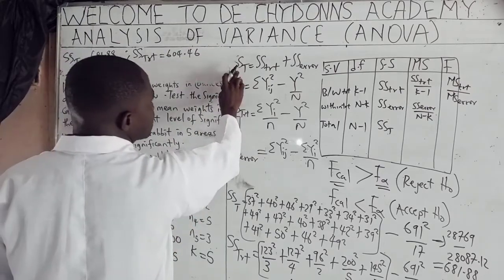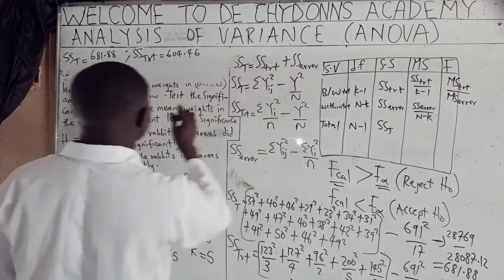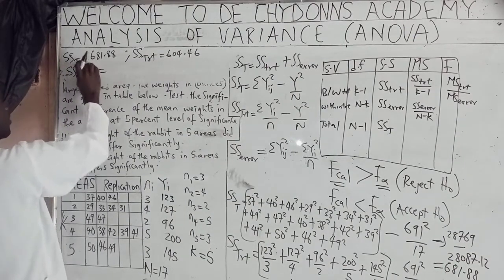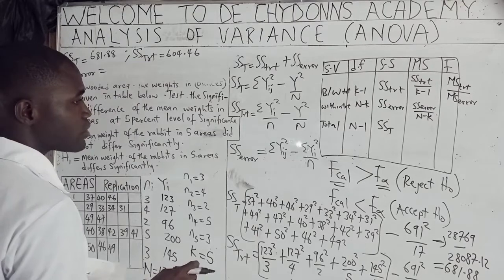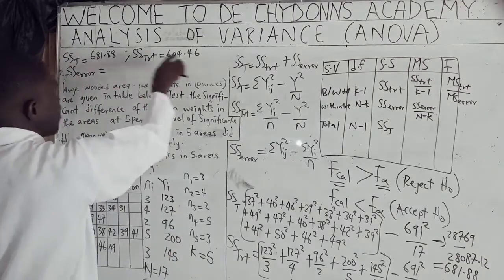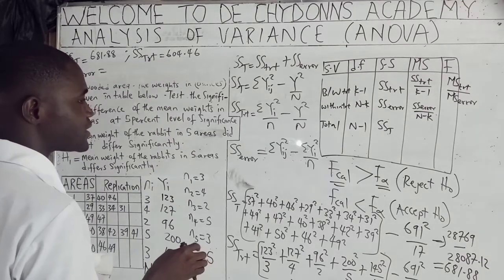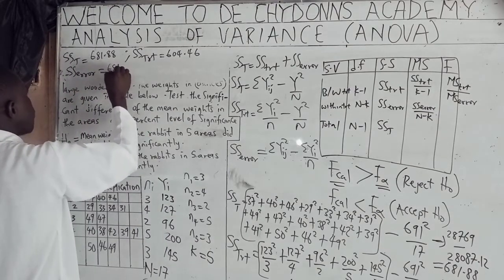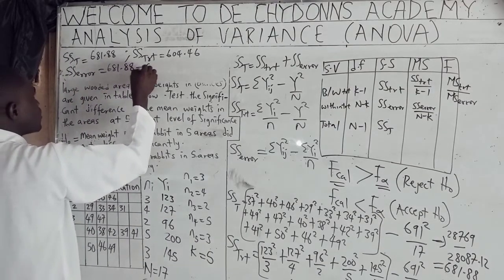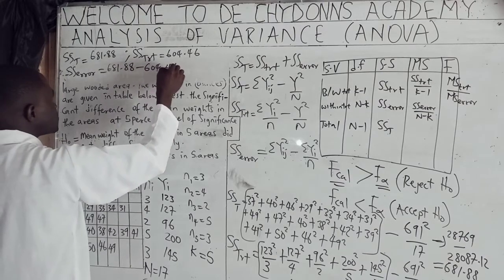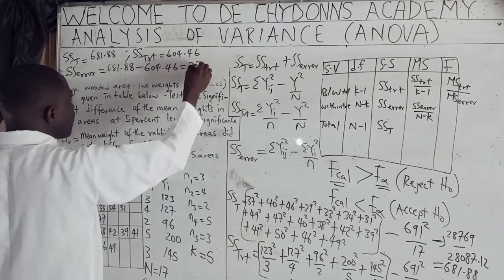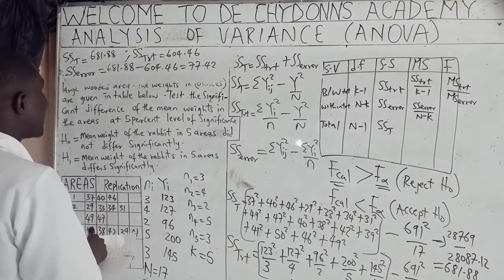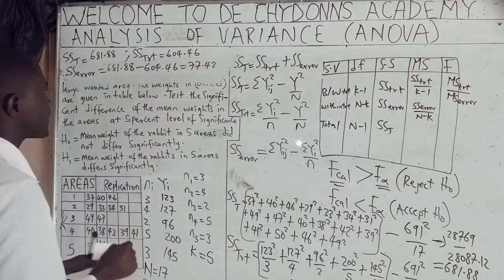Since SS total equals SS treatment plus SS error, SS error will be equal to the subtraction of these two. 681.88 minus 604.46 will be giving you 77.42. Okay?